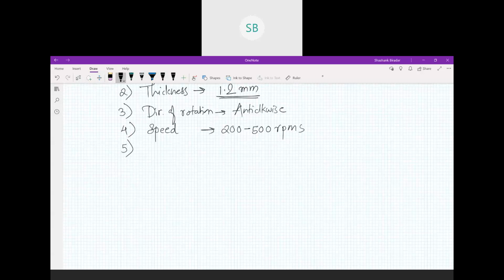The fifth one is bit depth. What we have seen earlier is that the depth is constant, that is 1 micrometer. But what about the bit width?